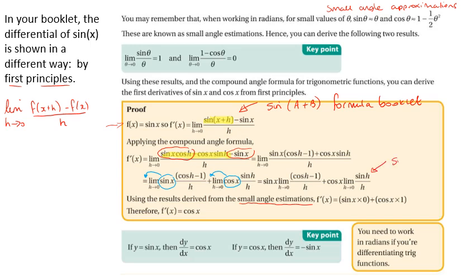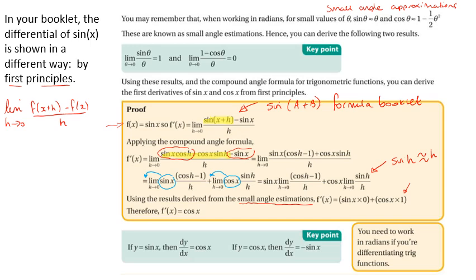When we substitute that in, we end up with h over h, which is just 1. So that's why you can see that 1 there, cos x times 1. We don't even need to put a limit in because there's no h left. It's just h over h, which is 1. The h's have disappeared.